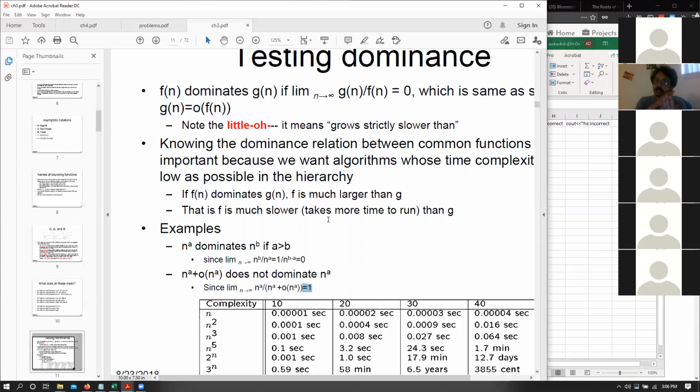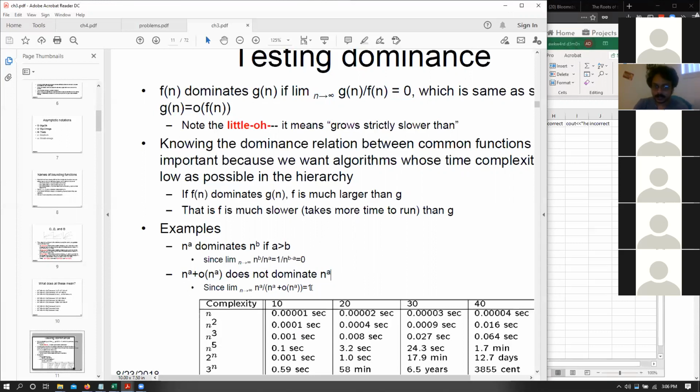Remember, for little o, for every constant, it has to be larger. In essence, limit of g(n)/f(n) has to tend to 0. So when we say n to the power of a, does little o of n to the power of a dominate n to the power of a? It does not, because there are constants that fluctuate the matter.